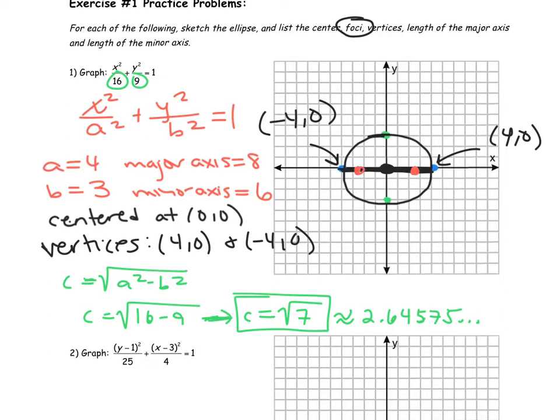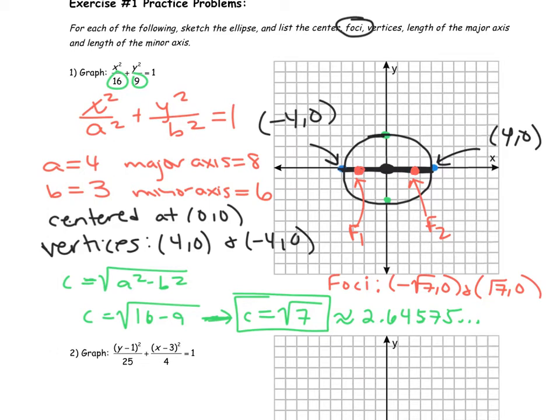That's the other focus. So there's focus 1 and focus 2. So those are my two foci. So if I ask for the endpoints of the foci, well, we went to the left by radical 7, so negative radical 7, 0, and we went to the right by radical 7. So those are my 2 points. All right.